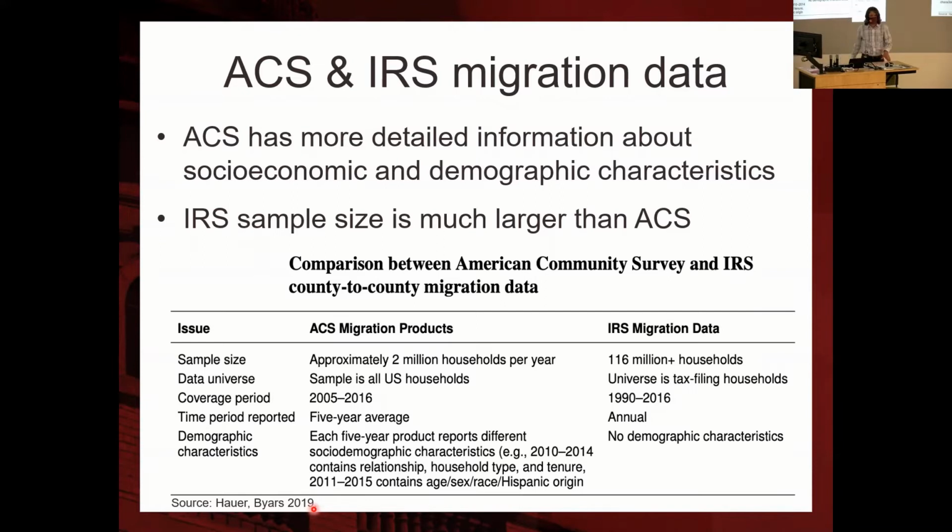IRS data has many more observations than ACS. So we have information about more than 116 million households every year. Because it's the universe of tax-filing households, so we usually get more people providing information. And when we enter the information in our income tax forms, we mention our address.